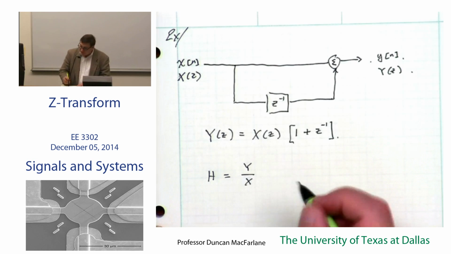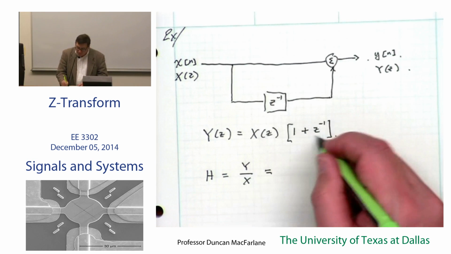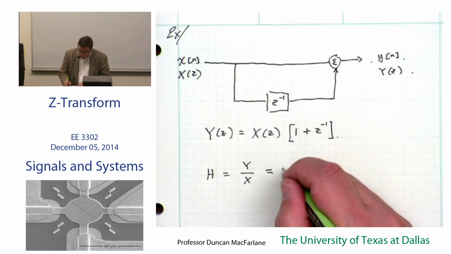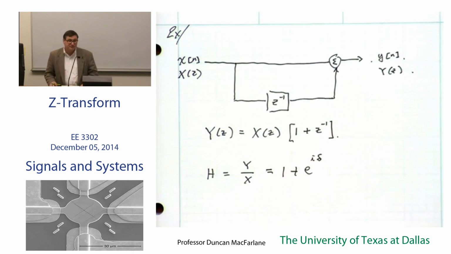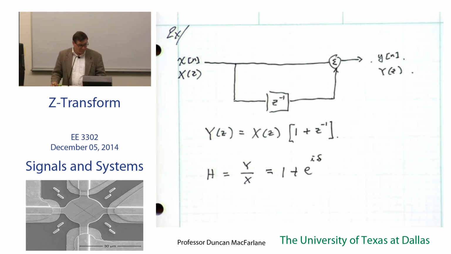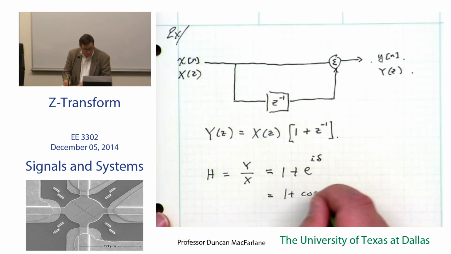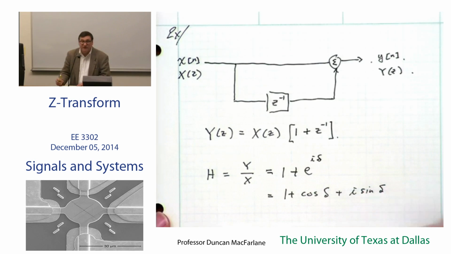And if I now reinterpret z to the minus 1 as my delay, then this transfer function is 1 plus an e to the I delta. Which is equal to 1 plus cosine of delta plus I sine of delta.